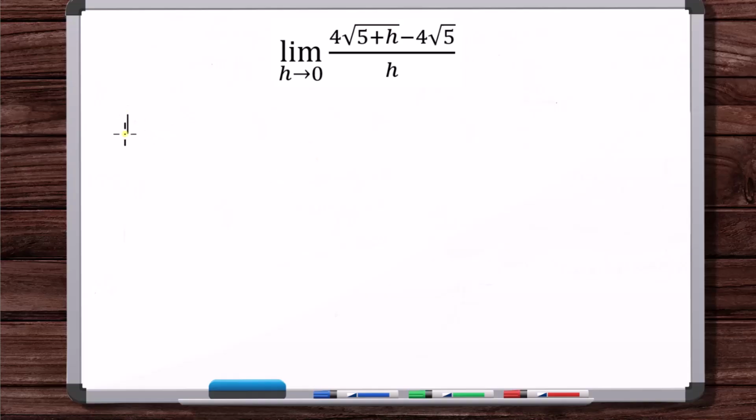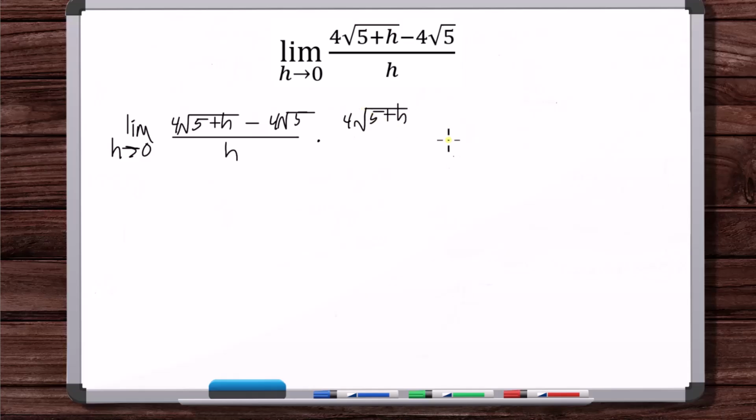With these indeterminate forms, let's just try and remold the function to put it into a different form that's not indeterminate. We're going to do that by multiplying by 1 in the form of the conjugate of the numerator. So 4, and then plus 4 root 5.